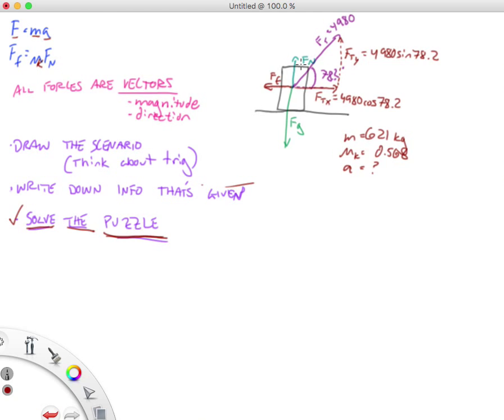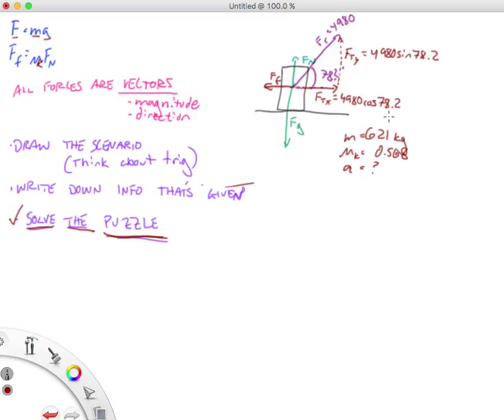And we can find the normal force by adding all those forces up in the y direction. The reason we do that is we know the overall forces in the y direction is 0 because this basket isn't going up and down. The basket is just staying flat on this surface.